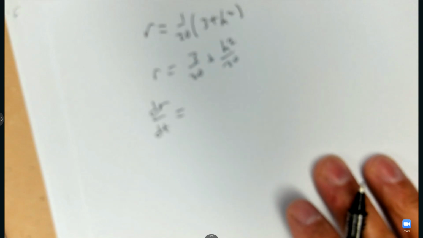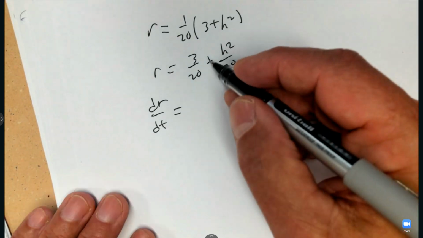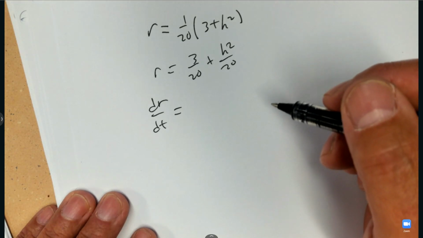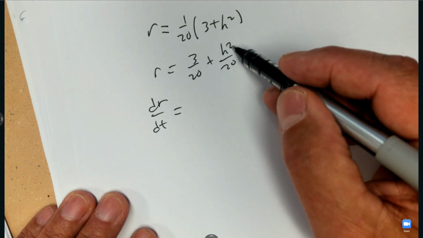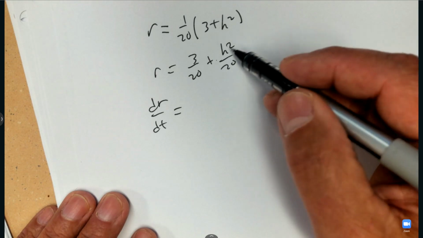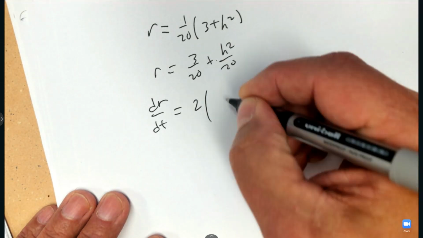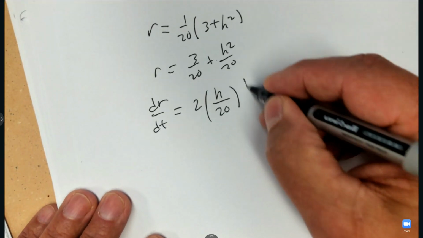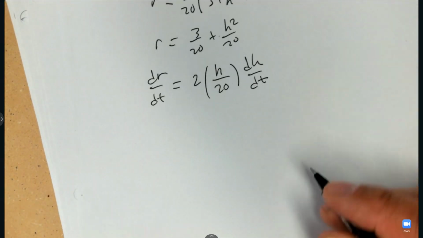And then I'm going to take the derivative of that with respect to time. So the derivative of 3 over 20 is 0. The derivative here is 2 in front and then subtract 1 from the exponent, that's what that would look like. And it needs the hook, dh by dt.